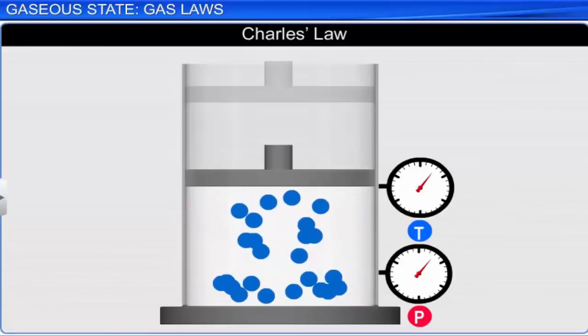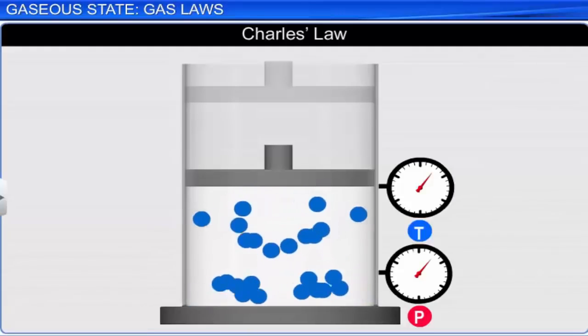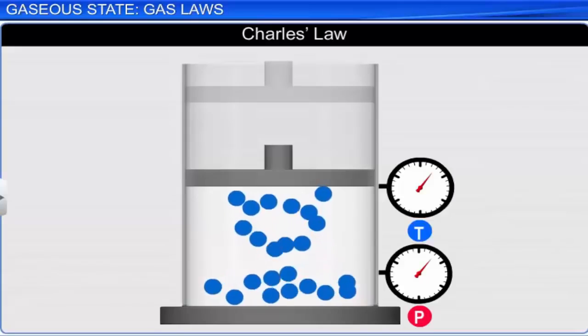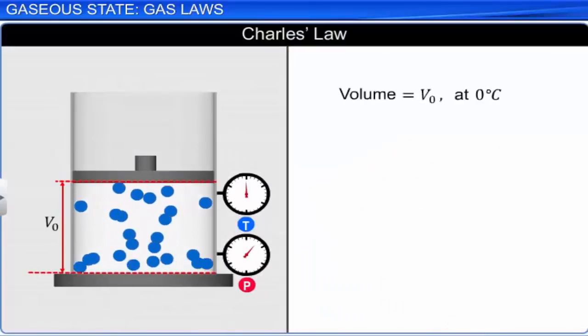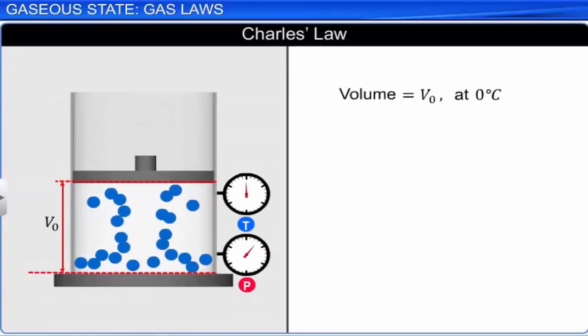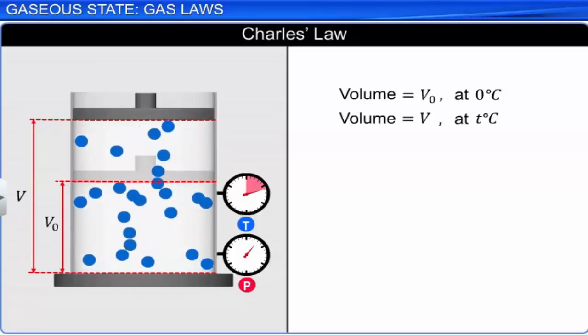Let's understand this through mathematical expression. Let V0 be the volume of a fixed mass of a gas at 0 degrees Celsius, and let V be its volume at temperature T degrees Celsius at the same pressure.